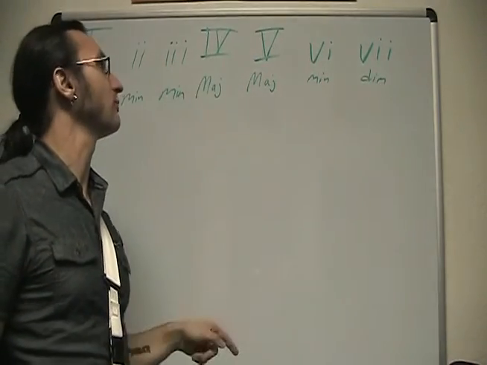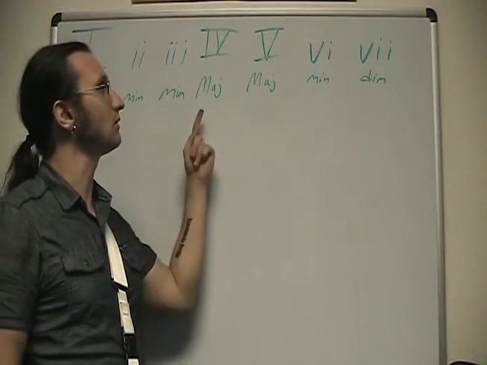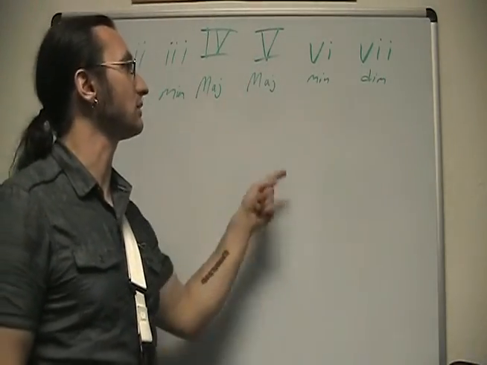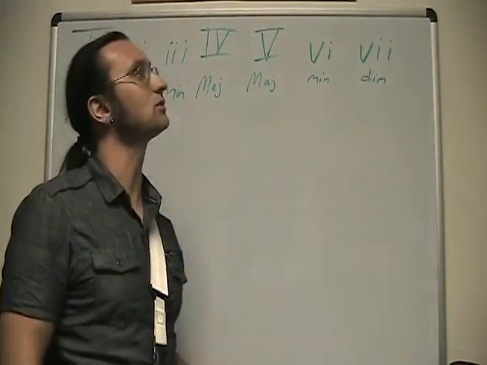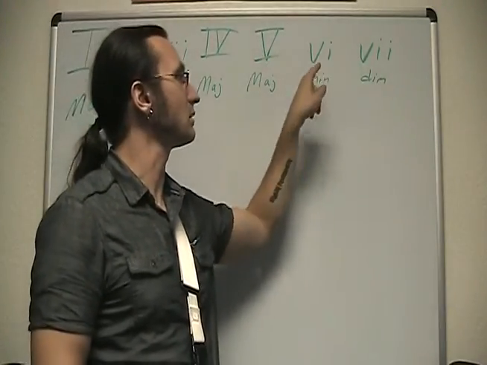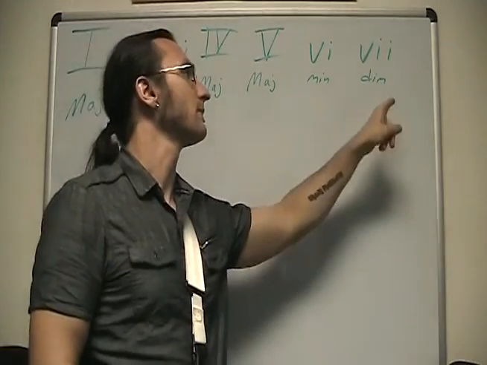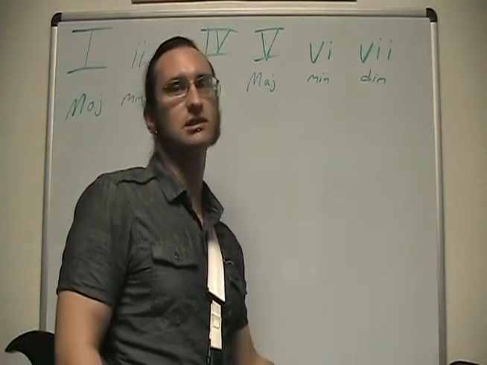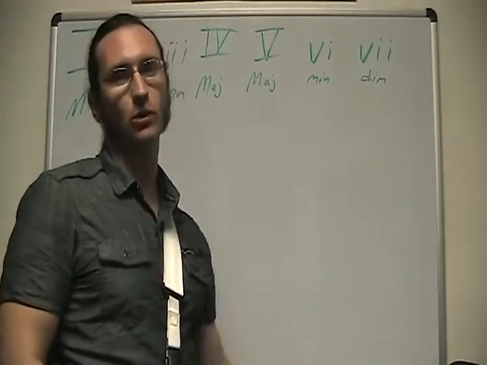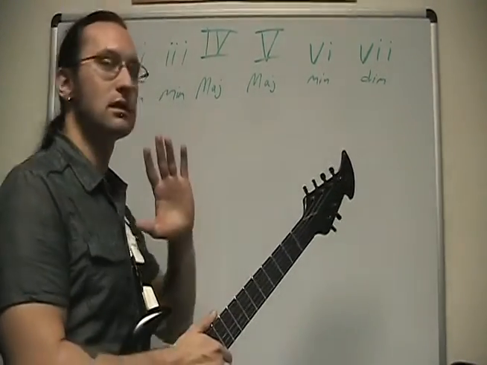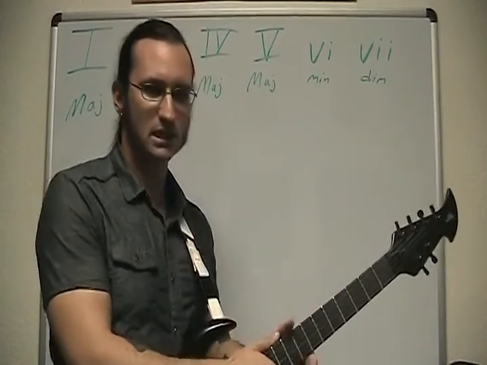When you start on the fourth note, you will have a major chord. Start on the fifth note, you will have a major chord. Start on the sixth note, you will wind up with a minor chord. And the seventh note is the only one that will result in a diminished chord. So let me go through some examples of that real quick.